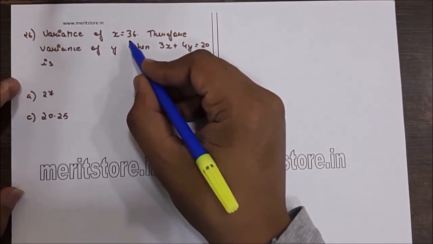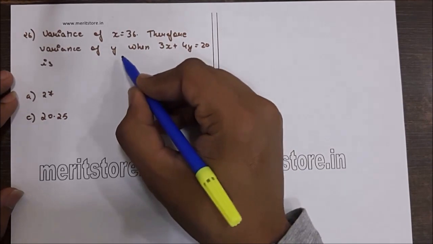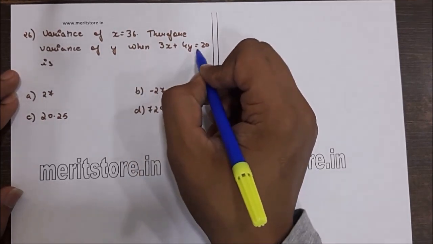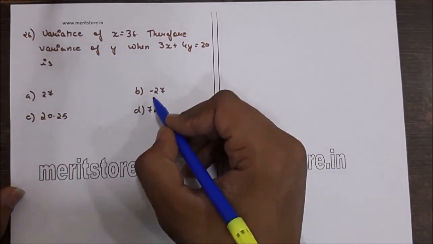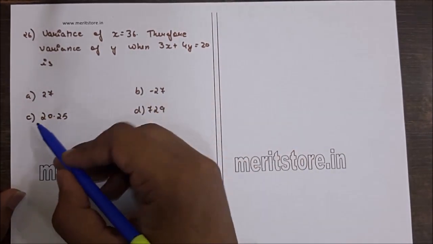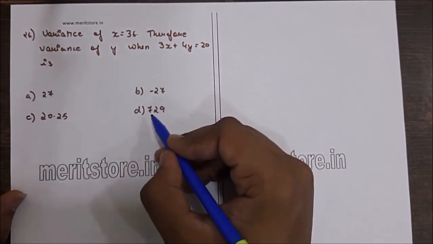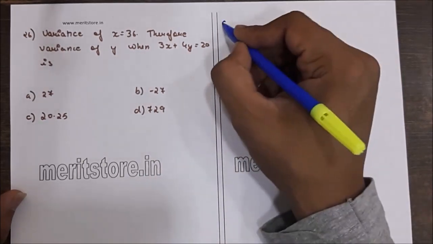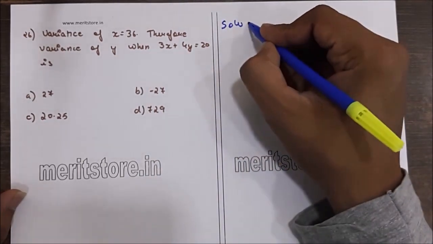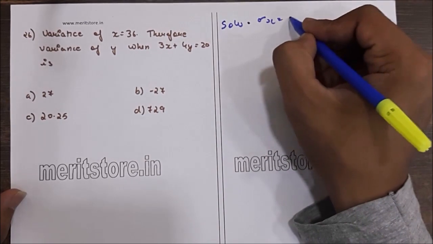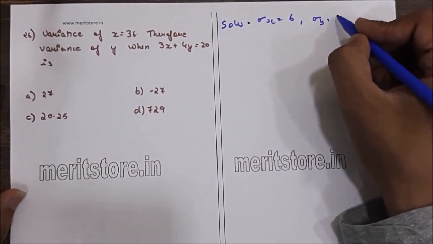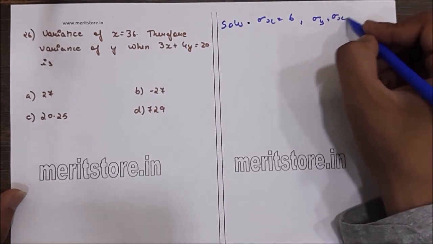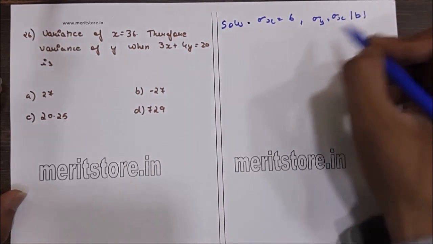Variance of x is equal to 36. Therefore, variance of y when 3x plus 4y is equal to 20 is option A 27, option B minus 27, option C 20.25, option D 729. Therefore, the solution is sigma x is equal to 6, sigma y is equal to sigma x mod of b.